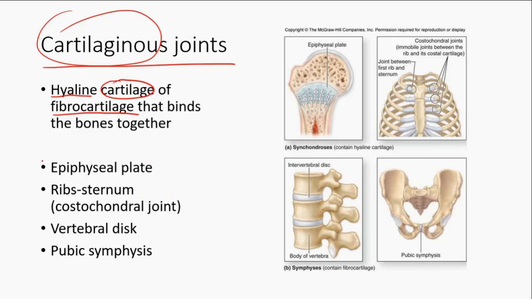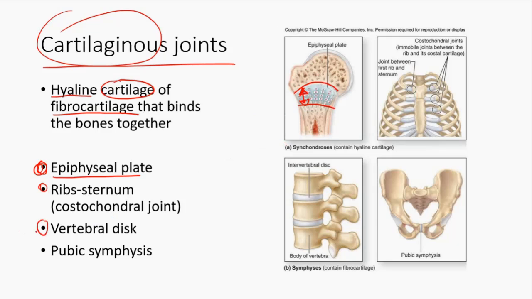There are several examples. Remember, we went over this in the last lesson. Your epiphyseal plate is located here between the shaft and the head, or the metaphysis of your bone. This is where your bone growth occurs, where you'll get elongation.